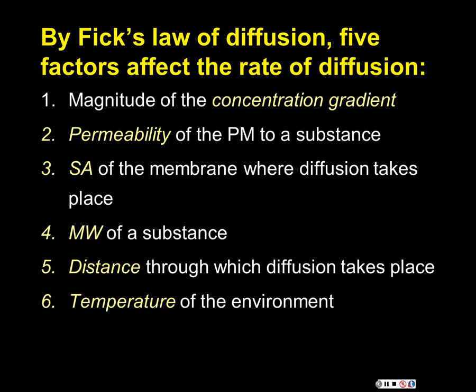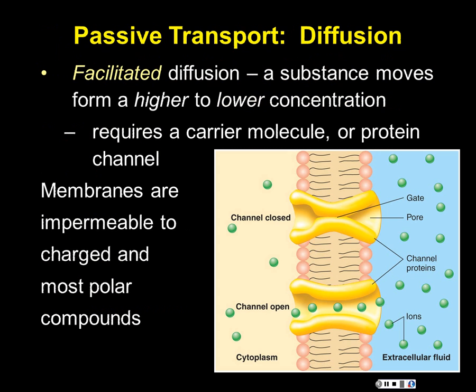Okay. All right. So another type of diffusion is called what? Facilitated diffusion. Facilitated diffusion is still diffusion, so which way are particles moving? From a greater to a lesser. So down their concentration gradient.